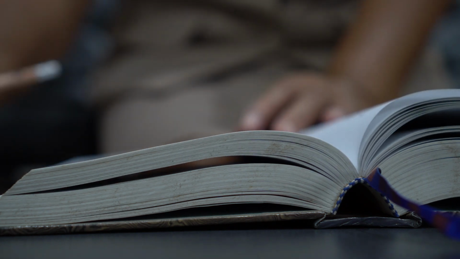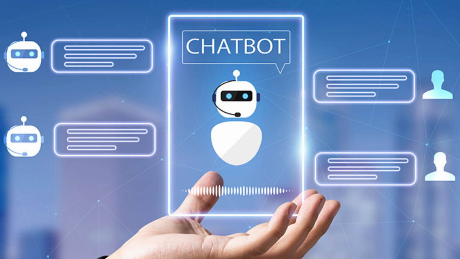Let me put this into perspective with an example. Suppose a researcher wants to conduct research in chatbots. Today chatbots are all over the place. You visit any corporate website, you will find a chatbot.